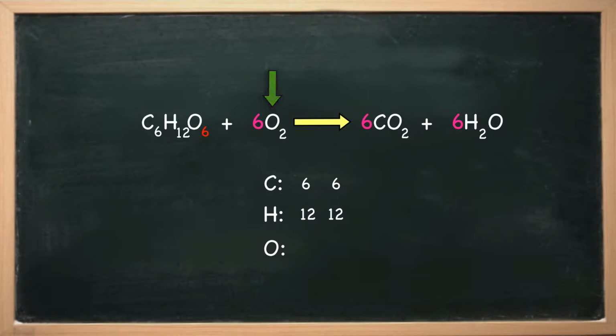So 12 plus 6 is 18. On the right side, we have 2 oxygens in carbon dioxide, but there's a coefficient. So 2 times 6 is 12, plus the oxygen in water times the coefficient, which is 6. So we have 12 plus 6 on this side, which equals 18. So as you can see, all the oxygens are balanced. The whole reaction is balanced.